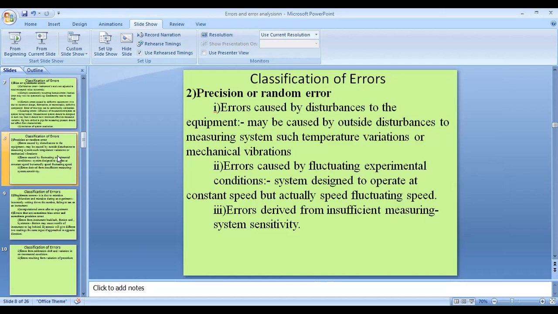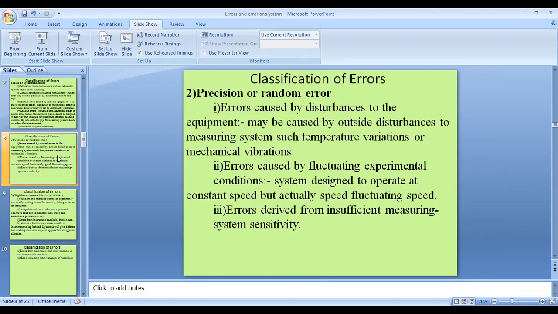I already mentioned that precision error is because of environmental factors, disturbances like friction, temperature changes, mechanical vibration. This leads to what is called random error.